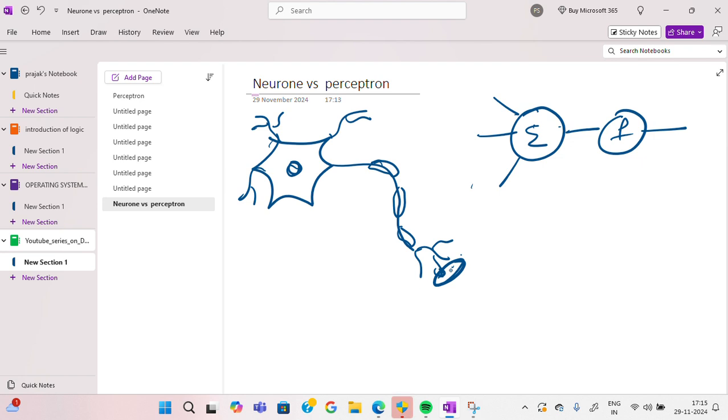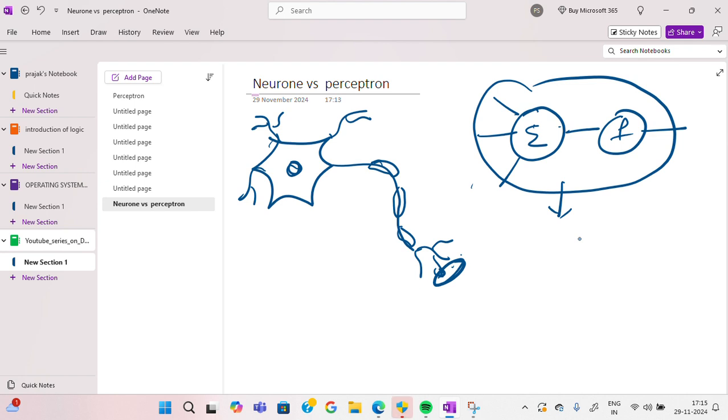So basically, this is all about our cell. Neurons communicate with each other and create a mesh. Perceptrons can also create a mesh to generate our signal and to forward it to the next layer of perceptrons.